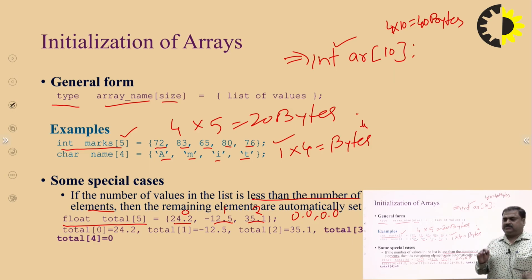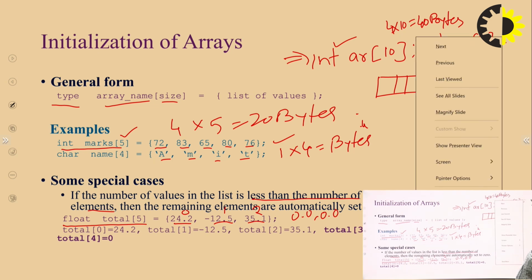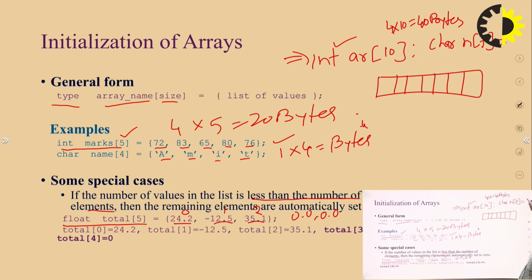When we are supplying some values, say this is an array of size 7, indexed 1 to 7, a character array of size 7, and we supply only one value, a.